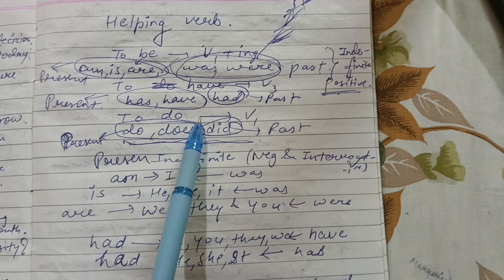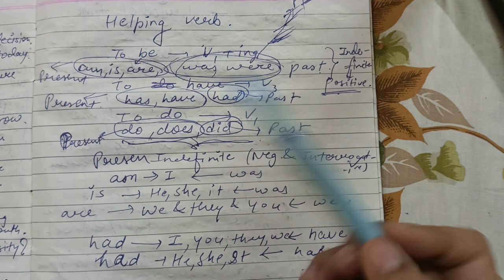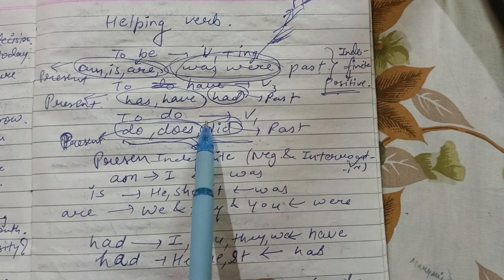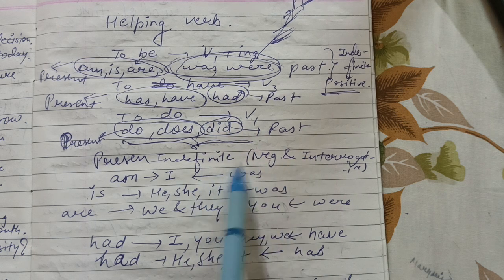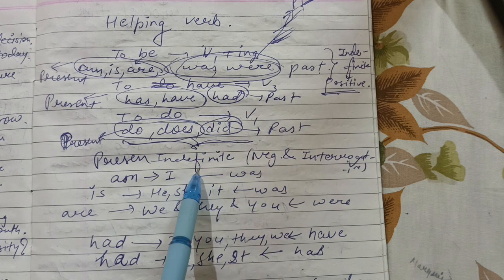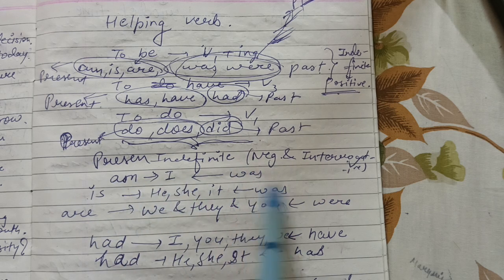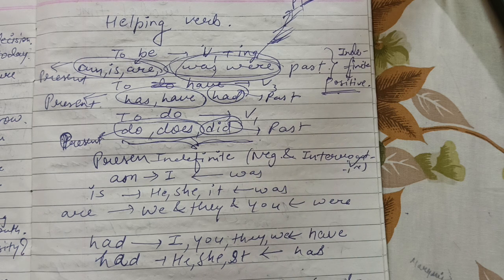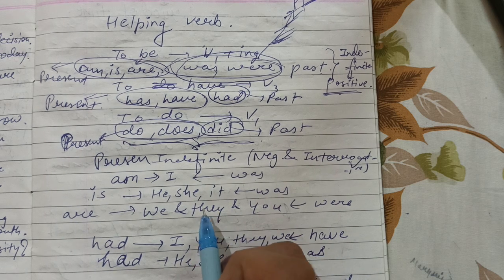The to do family is kind of a replacement for negative and interrogative sentences. So the to do family is used for negative and interrogative sentences of indefinite tenses. Which indefinite tenses? Present and past. If we talk about present tense and past tense, then we have indefinite, negative and interrogative sentences. I will give you examples, don't worry.